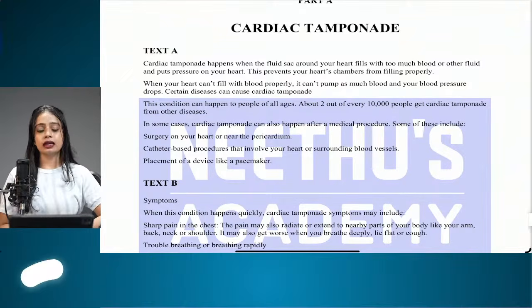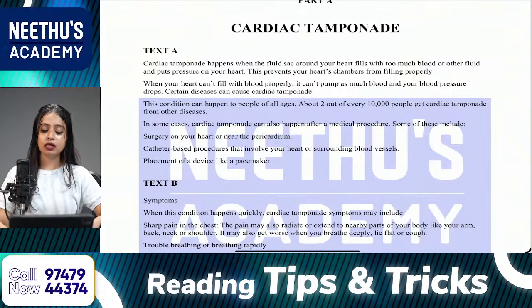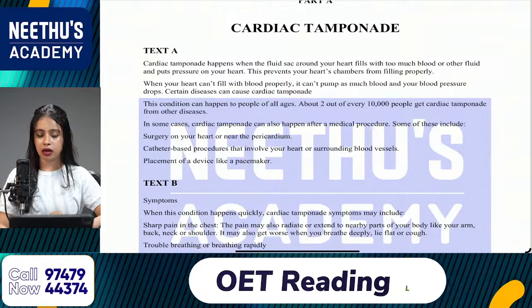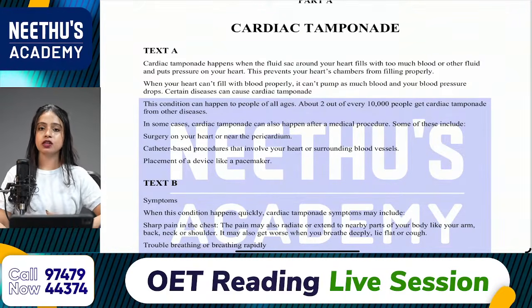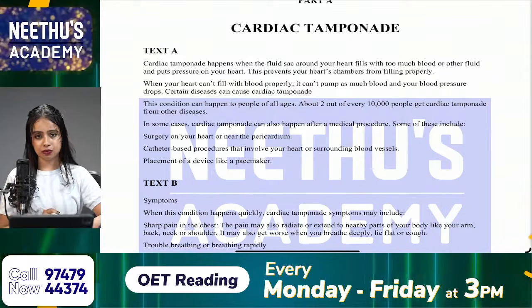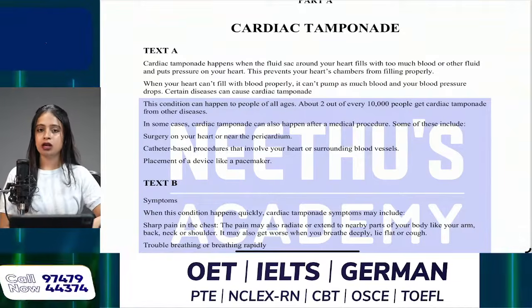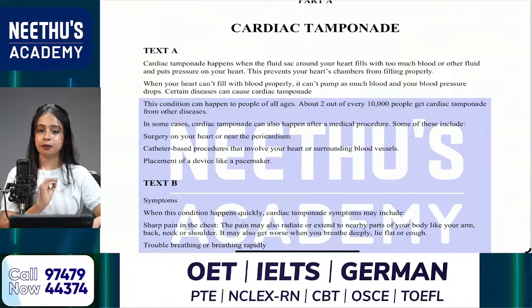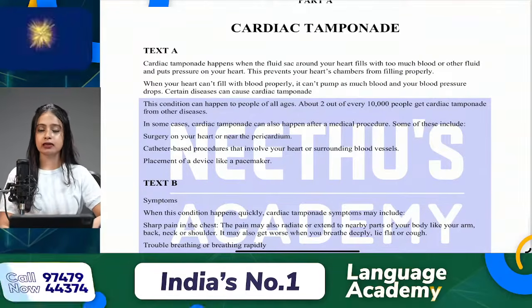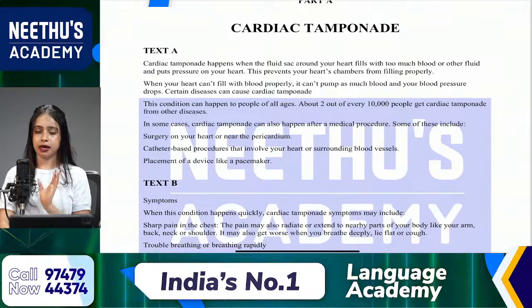The next important thing is all the italicized or bold words. Another important factor is the words that are in brackets. Something mentioned in brackets is very important. Then the words that indicate time. When you read the text, it is very important to mark words that indicate time.